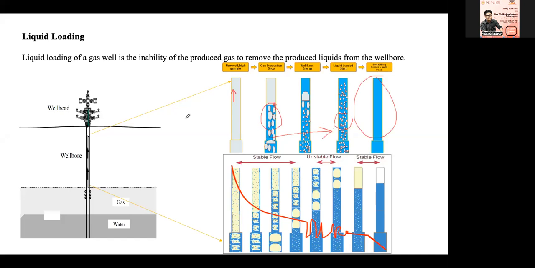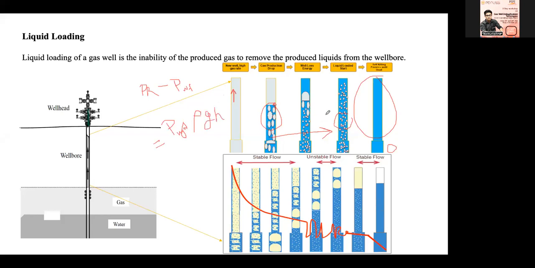Why? Because, like I said, only when there is a difference between your reservoir pressure and your flowing bottom hole pressure will you see a production. But what happened here is, here you have the flowing bottom hole pressure. Flowing bottom hole pressure is basically your hydrostatic pressure, which is let's say rho g h.